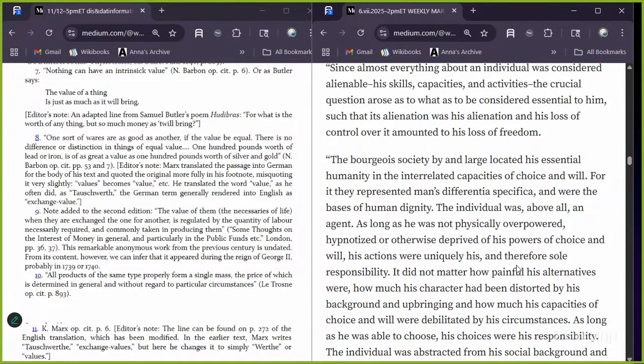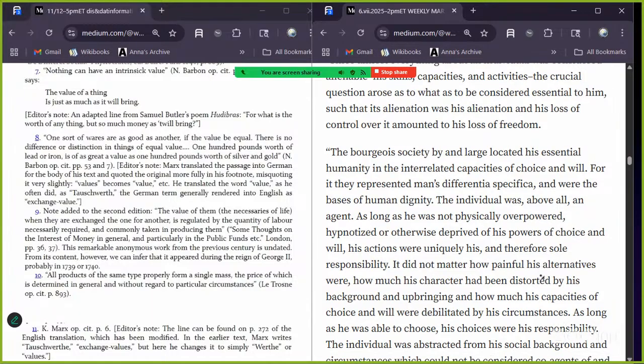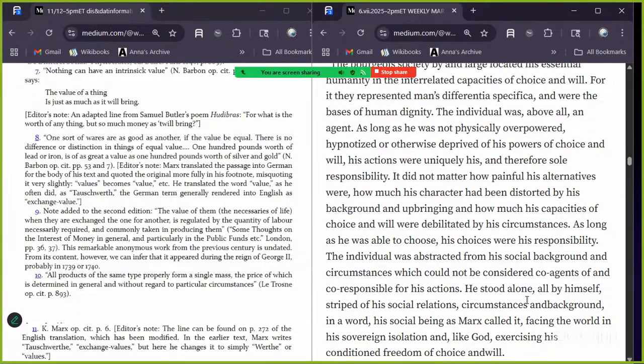It did not matter how painful the alternatives were, how much their character had been distorted by their background and upbringing, and how much their capacities of choice and will were debilitated by their circumstances. As long as they were able to choose, their choices were their responsibility.